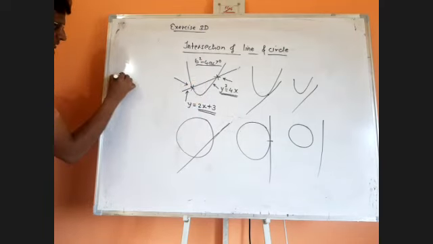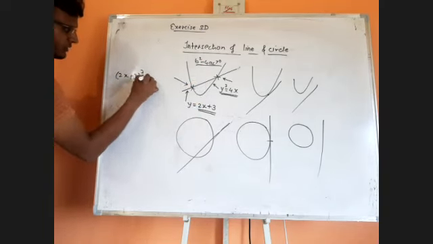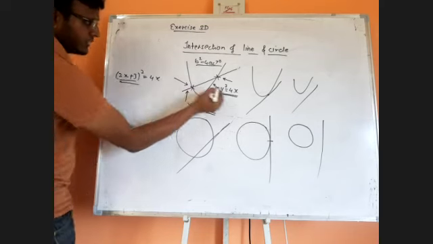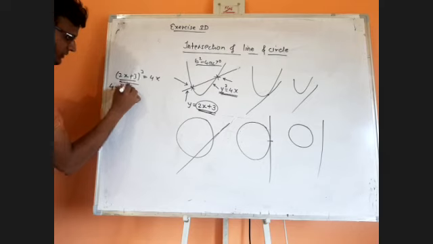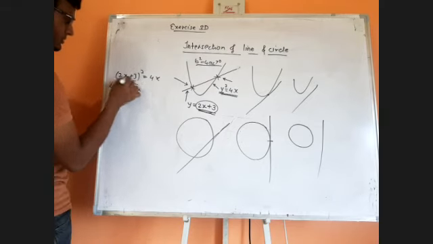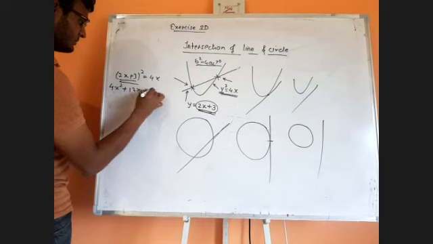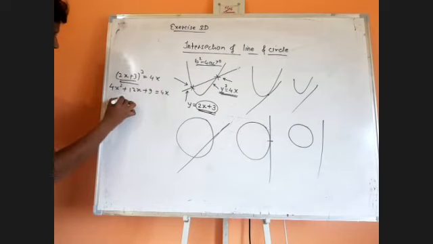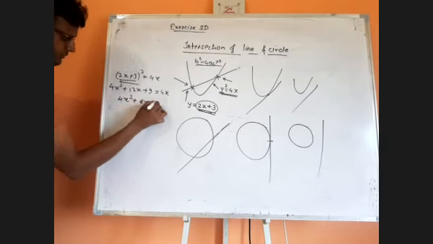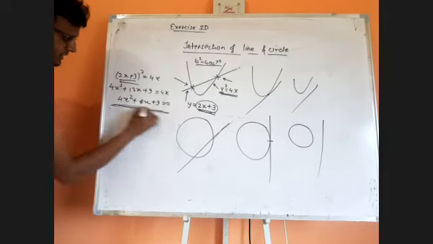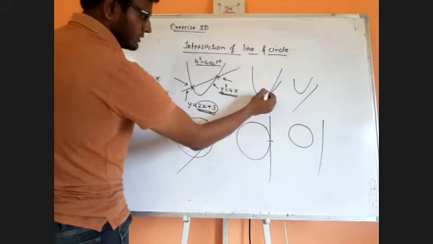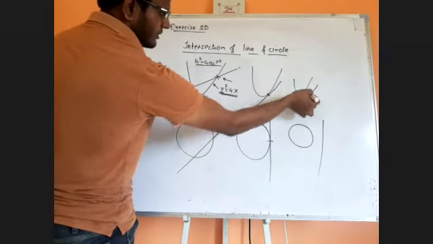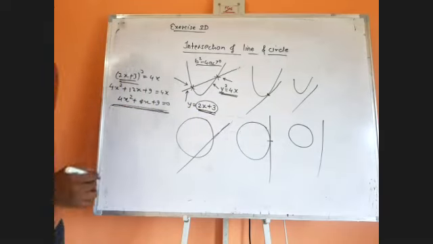It would be something like (2x plus 3) whole square is equal to 4x, whatever is the value of y getting substituted. You open it: 4x square plus 12x plus 9 is equal to 4x. So 4x square plus 8x plus 9 is equal to 0. If this quadratic equation has two roots, it will look like this. If it has only one root, then it will look like this. And if it has no root, then it will look like this. Hopefully you understood how it works.